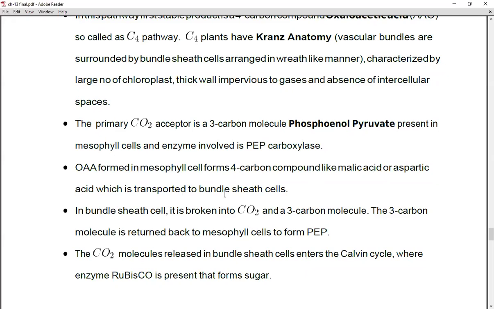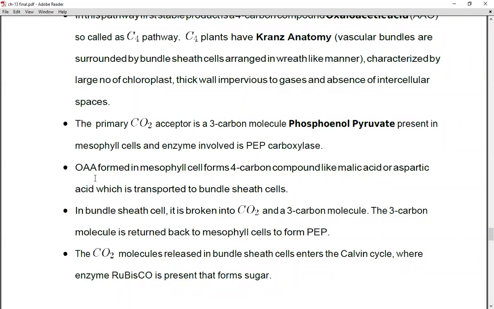And this is transported to the bundle sheath cells. So when phosphoenol pyruvate accepts the carbon dioxide and fixes it with the help of the PEP carboxylase enzyme, it is converted into a 4-carbon compound known as oxaloacetic acid, and this oxaloacetic acid is transported from the mesophyll cell to the bundle sheath cells.